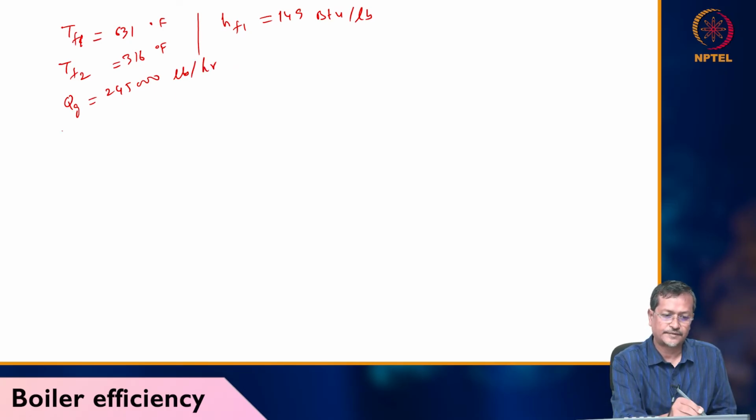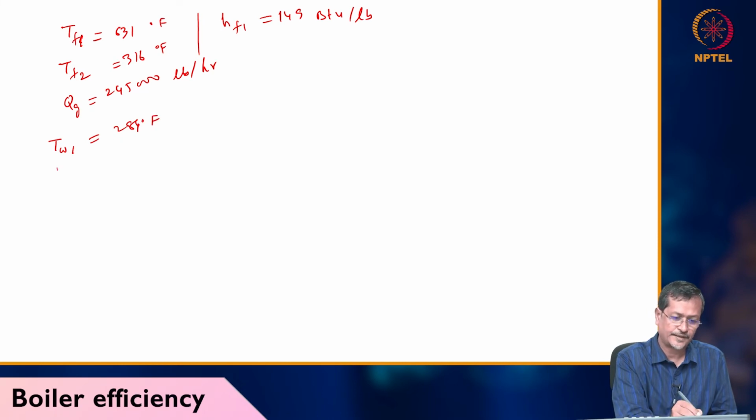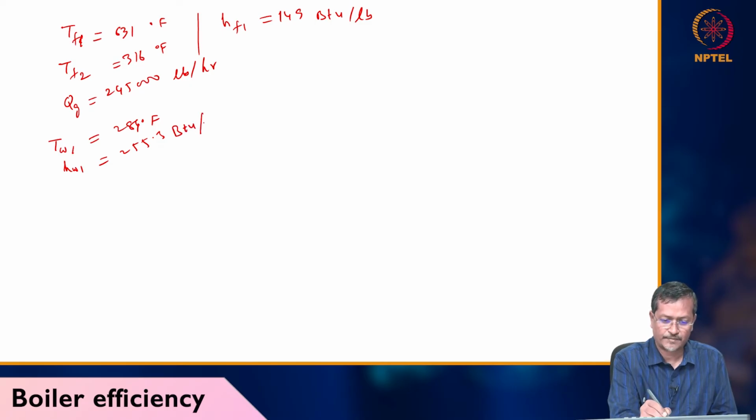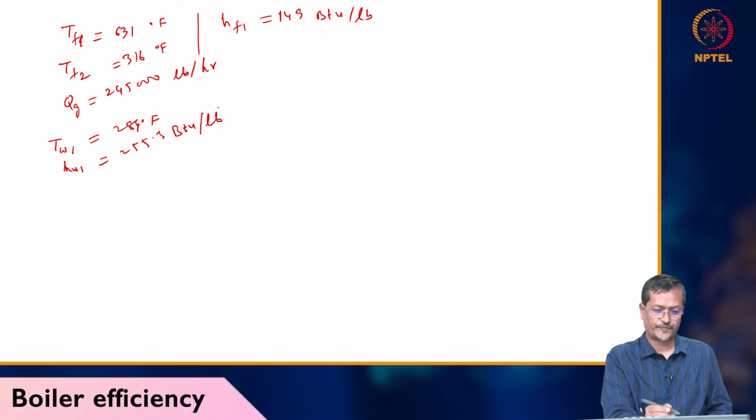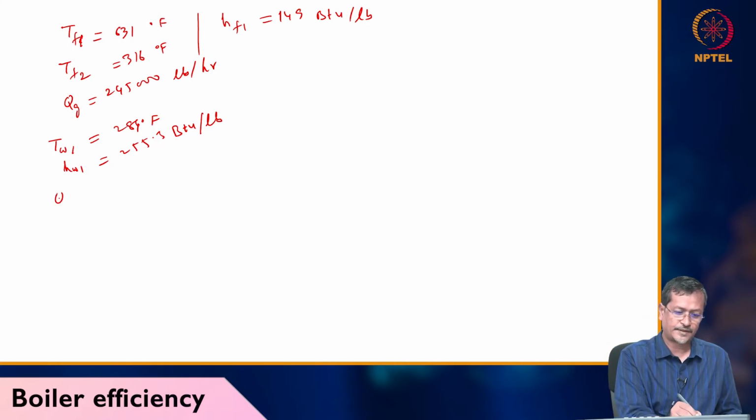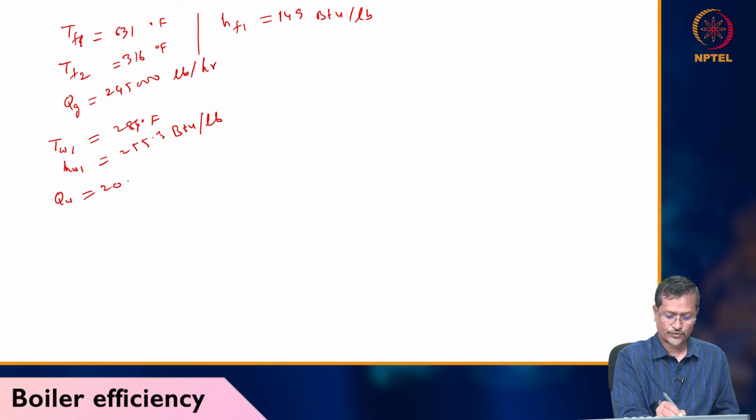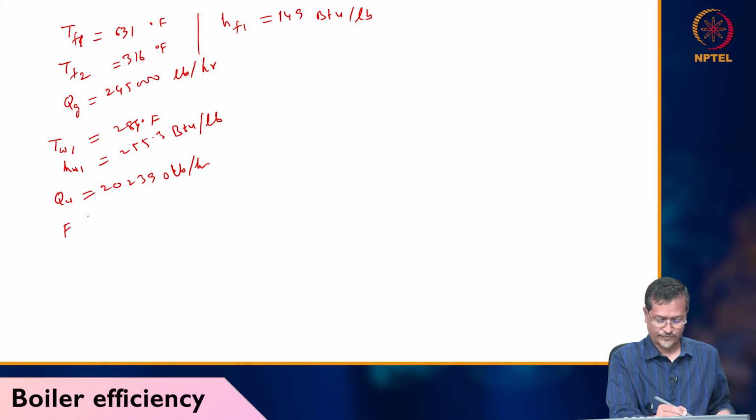Feed water entering T water 1 284 degree Fahrenheit, HW1 is given 255.3 British thermal unit per LB. So you should remember this unit also, British thermal unit. Water flow rate Q water 202390 LB per hour. Feed pump discharge pressure, that is not required actually for calculation.